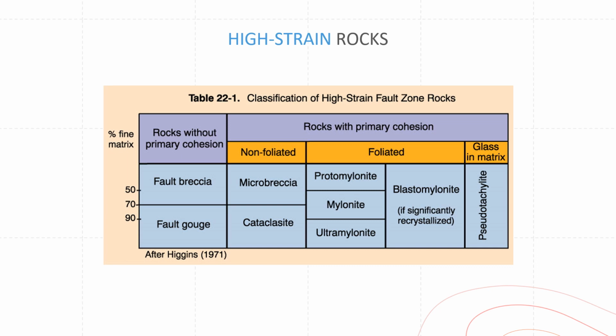So just to recap really quick, first of all, you would divide it up into whether it has cohesion or if it falls apart. Next, you would have a look at the percentage of fine matrix versus the clasts. So in our rocks without cohesion, this would be the percentage of fine matrix.